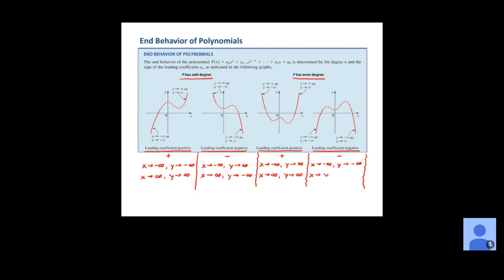And as x approaches positive infinity, so as I go to the right, what's happening to the y values this time? Also negative infinity, right? Because again, we just said if the degree is even, then both ends are going in the same direction. In this case, with a negative leading coefficient, both ends are going towards negative infinity.